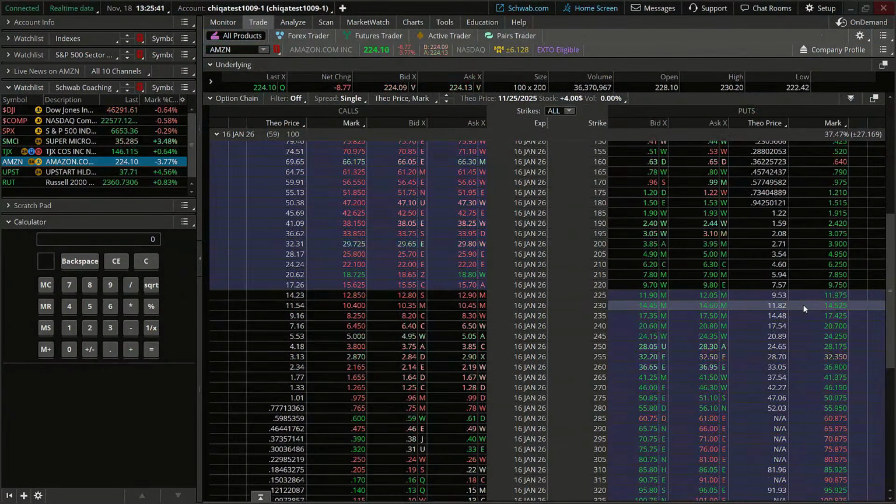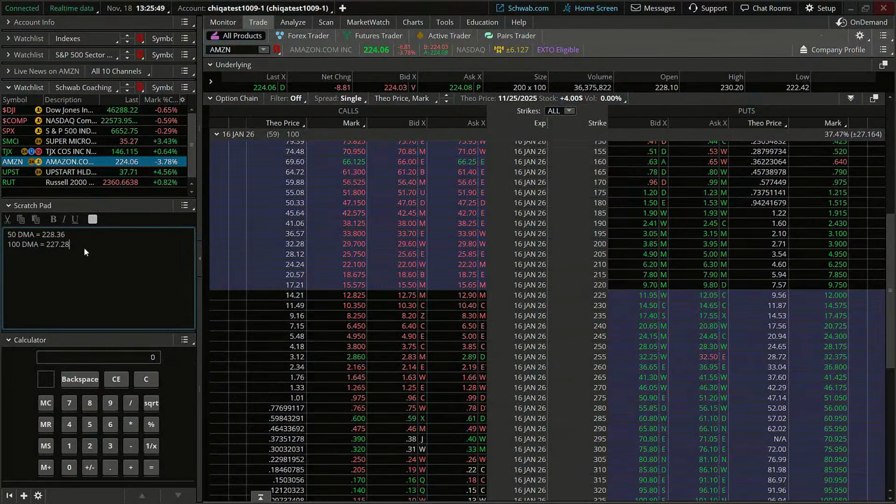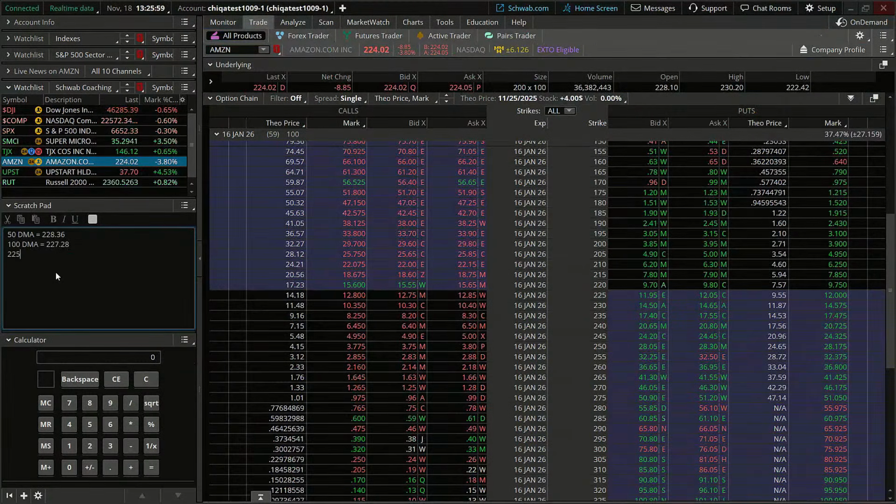Since we've seen how this can impact the price of our option, I'm going to write this down on our scratch pad for possible prices. For the 225 at the money, we have 955.